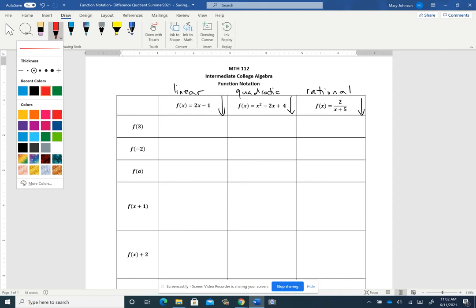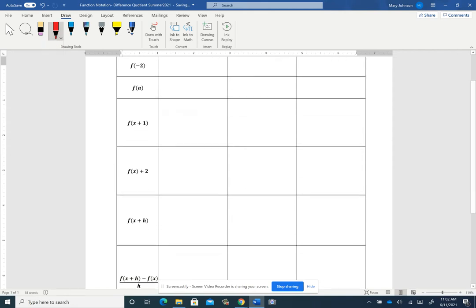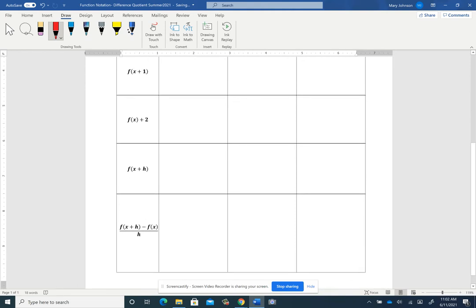And then we'll work more on the last column and also work a little more when you get down to this area where you're not just doing f of a number, but you're doing f of a variable expression. So all of this really depends on you working hard on those earlier concepts of just what does function notation really mean, what is it trying to say, and making sure you're comfortable using that notation.